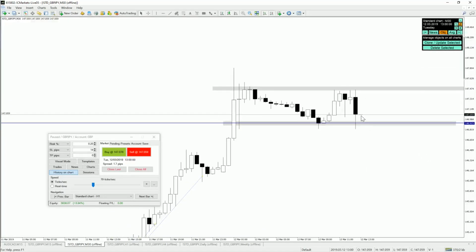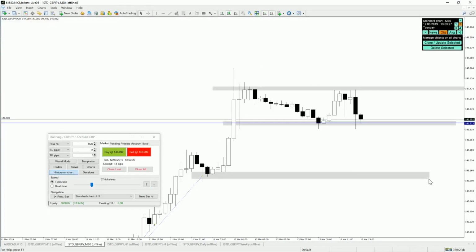Can't take a buy because the candle is bearish. Can't take a sell because we're at support over here. So probably going to wait to see how this candle closes. If we do break below, I think we're going to continue moving down to this area. But if you do break above, then there's a very high probability we're going to come up to fill this wick, which is around 32 pips away.